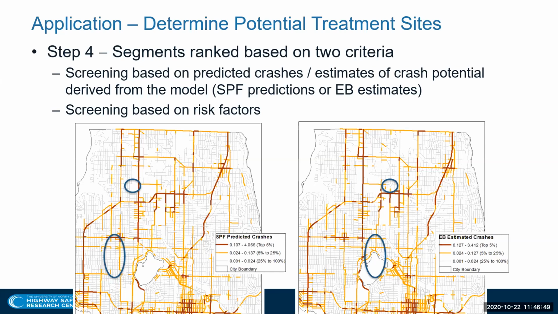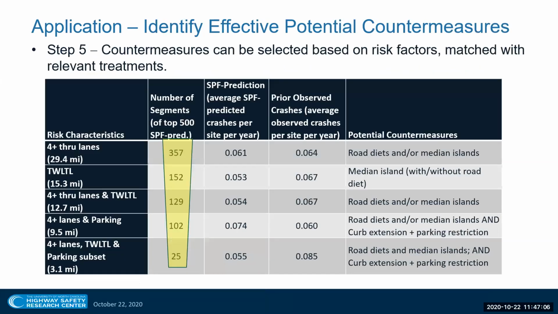So we use the predictions from the models to help us narrow down the places that really may be expected to have crashes in future. At least we can rank those locations, and then we can further use that information later on in the cost benefit type of analysis.